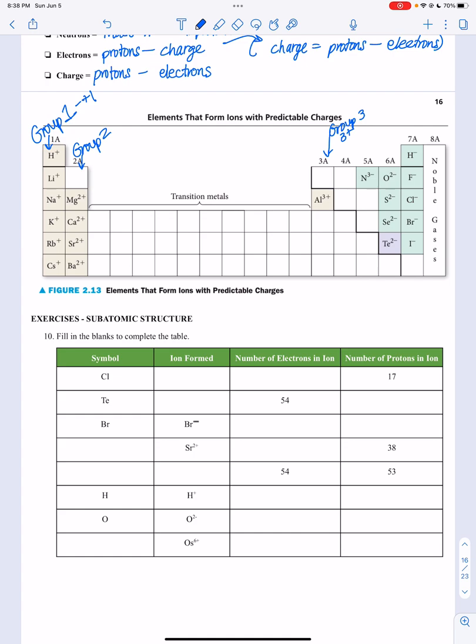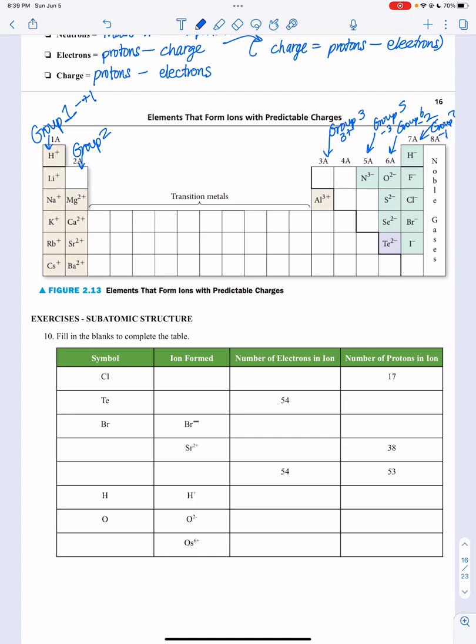Then we go the other direction. Group 5 is going to be -3 charge. Group 6 is going to be -2. And then group 7 is going to be -1. And so we'll learn about groups and periods, and we'll see that some elements typically form charges that are predictable.